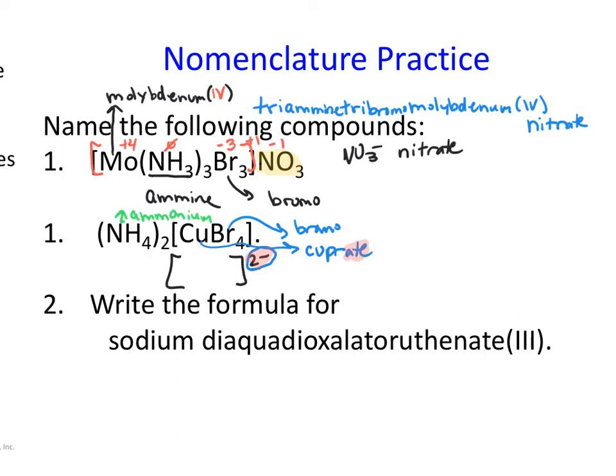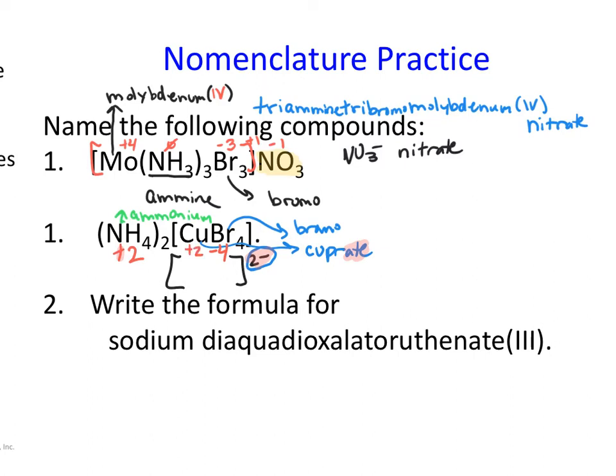The name of cuprate needs Roman numerals. To do that, we have to figure out the charge of our copper ion. I know that each ammonium is plus 1, so we have plus 2 for the ammonium, minus 4 for the bromo, so copper must be plus 2.